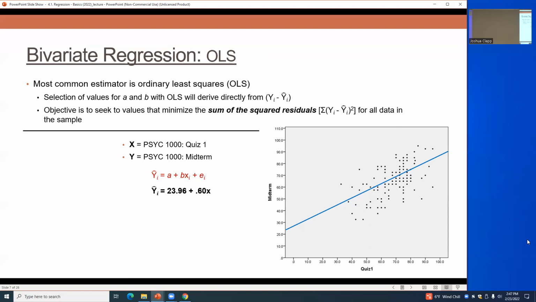So if someone were to increase their score, let's say they have a score of 65 on the quiz. If they were to have gotten a 66, what's the corresponding increase I would expect for the midterm exam?